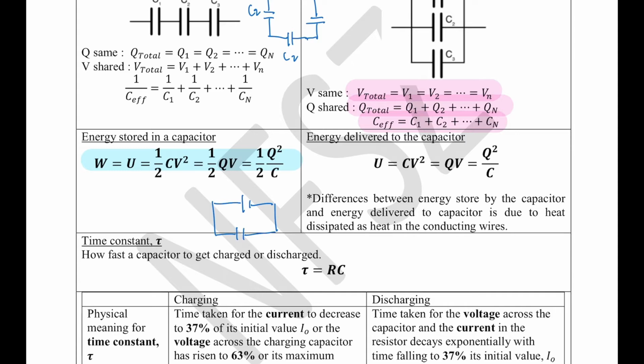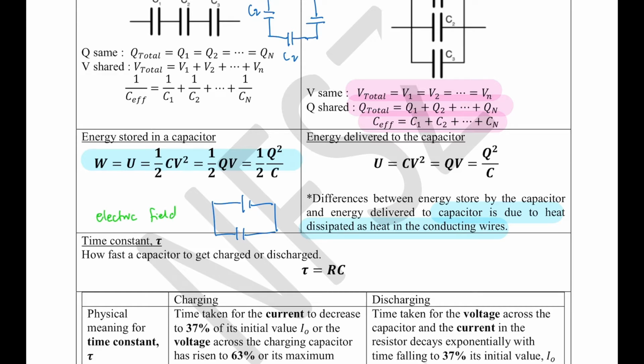The difference between energy stored is due to the heat dissipated as heat in the conducting wires. So basically dia bagi CV square, tapi setengah tu kita dah hilang due to the wire ni panas. So bila panas, energy dah hilang lah. Sebab tu yang sampai setengah je kesian capacitor ni. So boleh tambah dekat sini, energy stored in the capacitor is in the electric field.